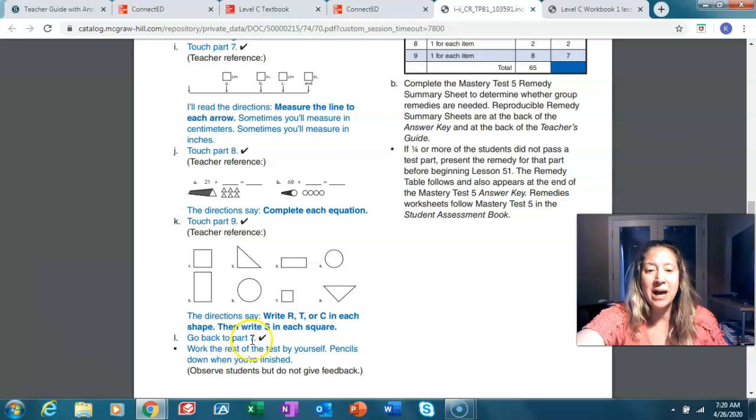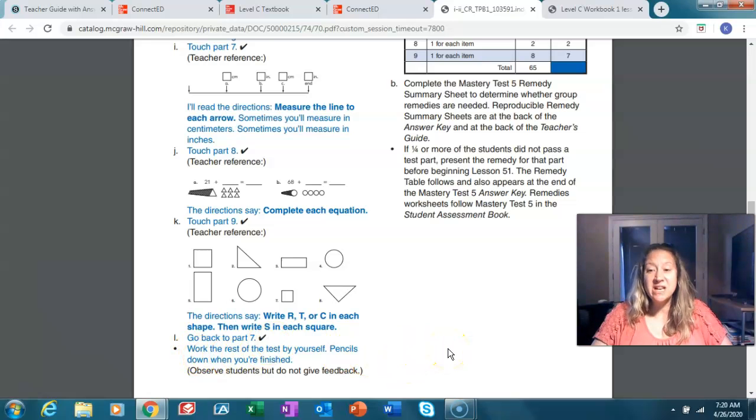Then go back and write S in each of the squares. So remember, some of these shapes will have 2 letters because some of them will be a rectangle and also a square. Okay? So go ahead, boys and girls, and work all of these problems.